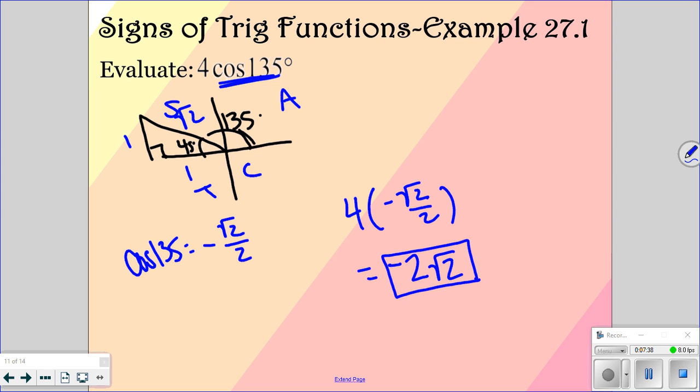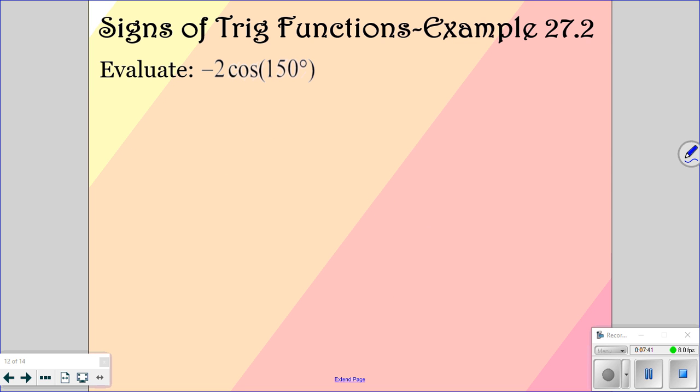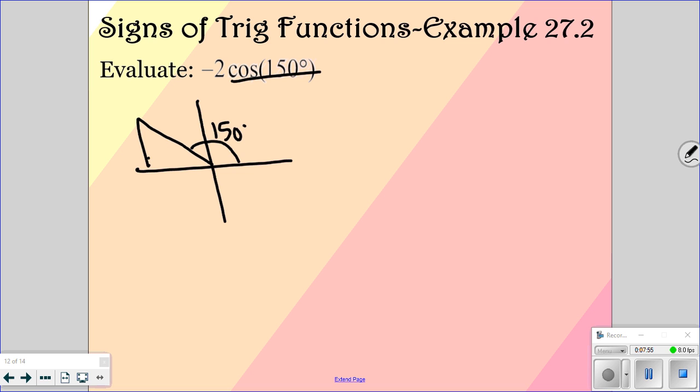Okay, we're going to look at another example. Again, the first thing you want to do is graph to find this cosine of 150. So we're going to go 150 degrees. And then the remaining related angle part is going to be 30 degrees. And then we're going to have square root of 3, 1, and 2. And the cosine is square root of 3 over 2.